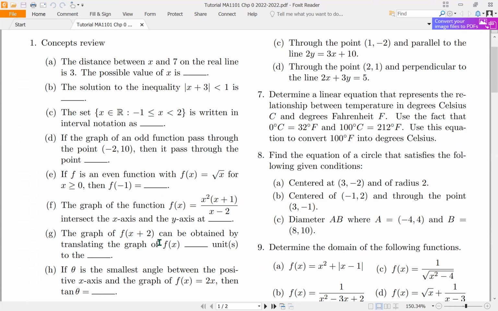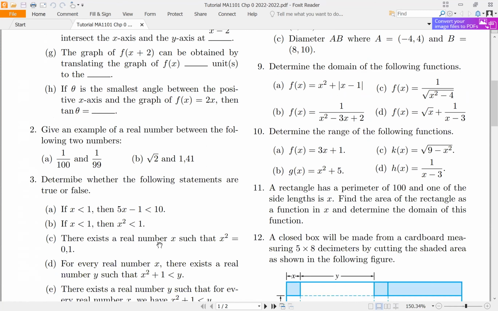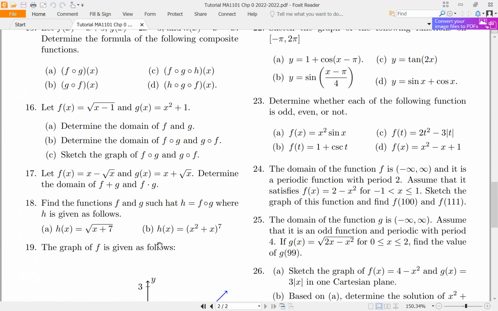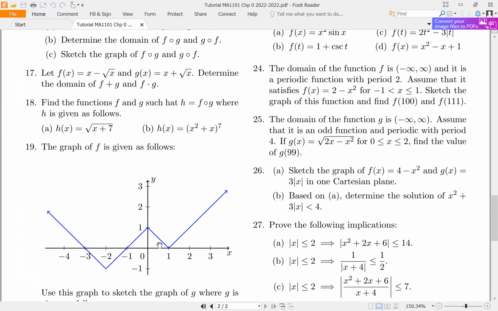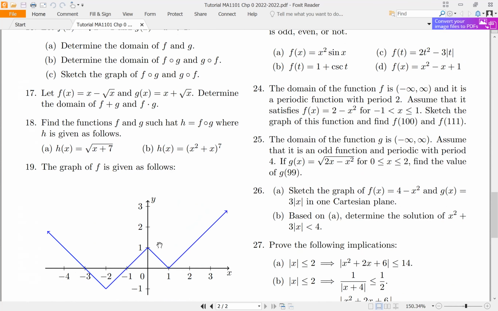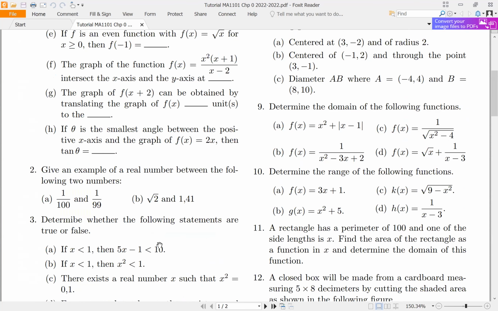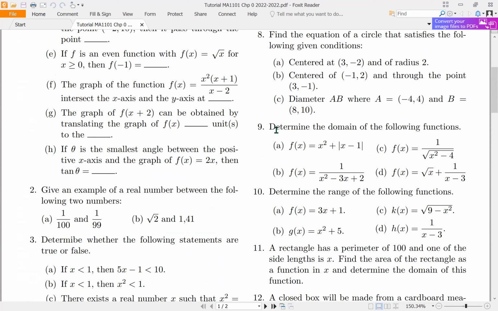So you have to know the difference between these two. The question might be in the type of finding the domain or the range of the function.